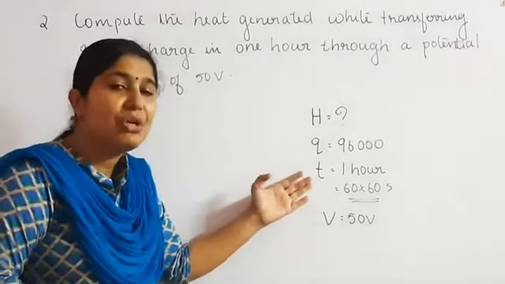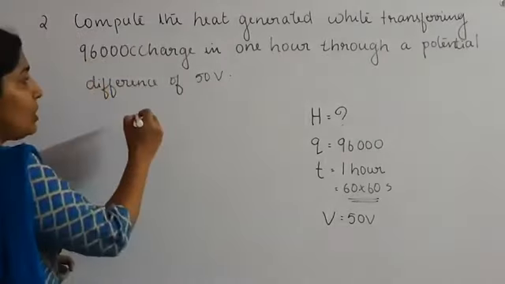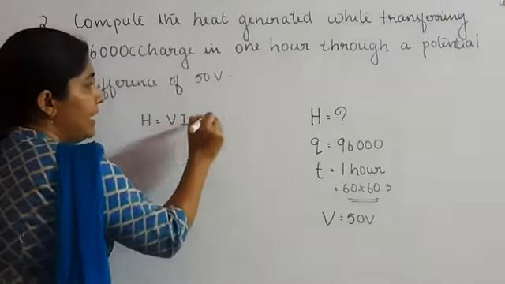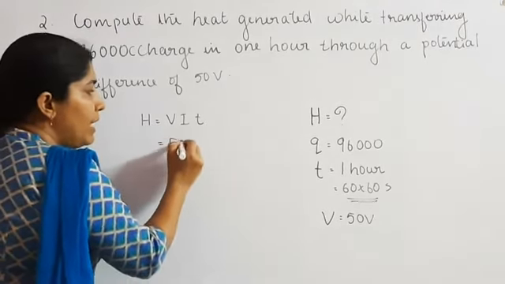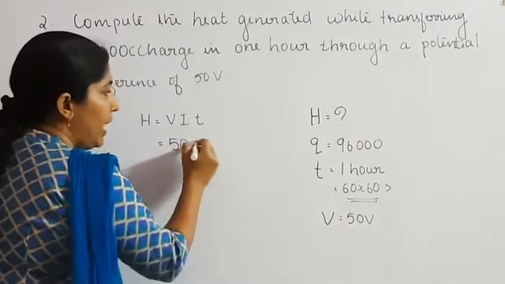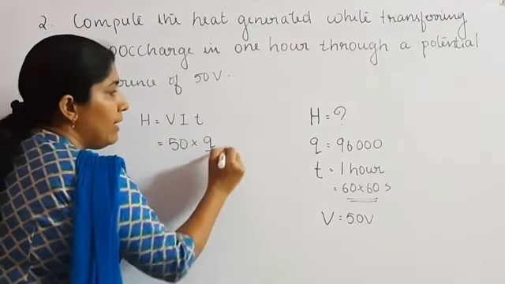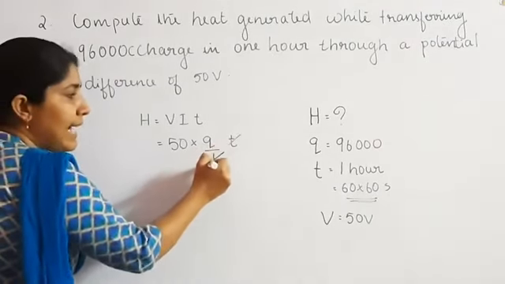Then we can use heat energy H is equal to V into I into T, VIT. V is equal to 50 volt. I is equal to Q divided by T, into T, then T gets cancelled.